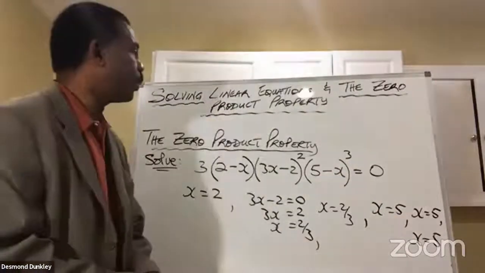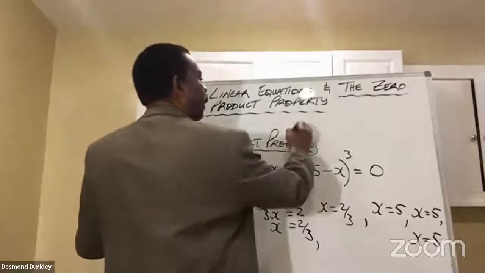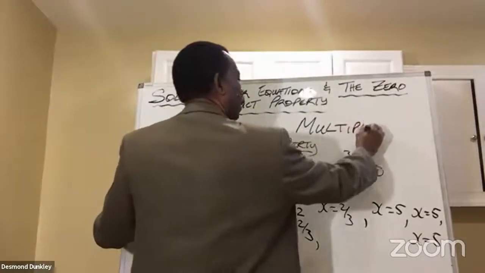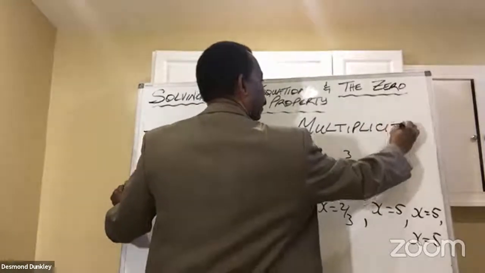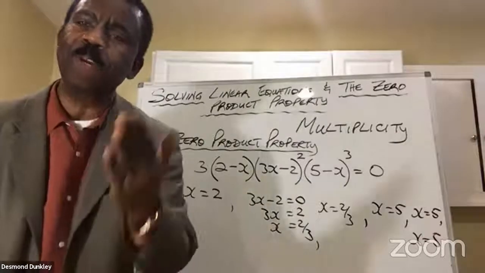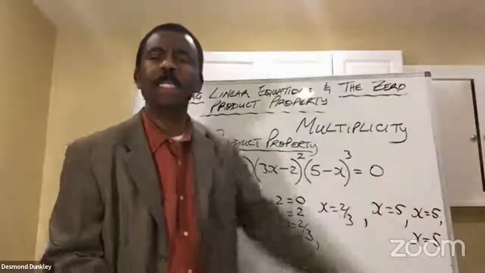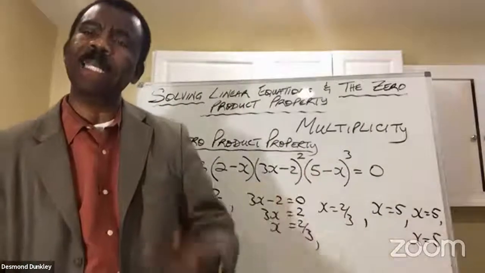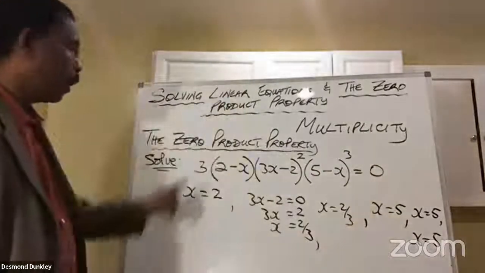And I mentioned the word to you. It's called multiplicity. Multiplicity, new word to your vocabulary. Multiplicity is a word used when a solution is repeated in the same question. So how would you read that?